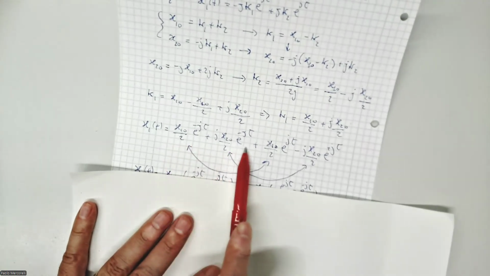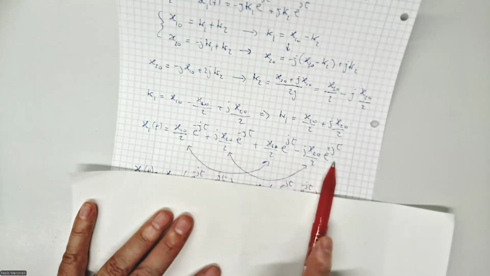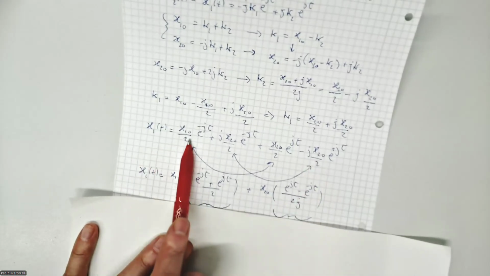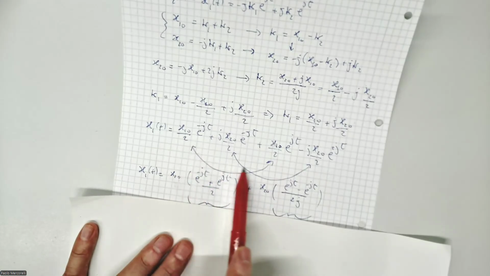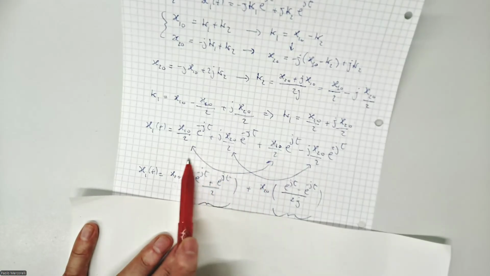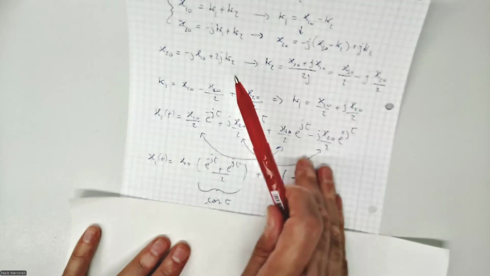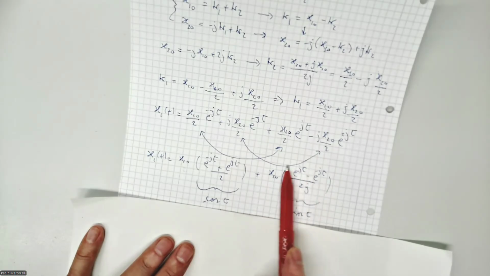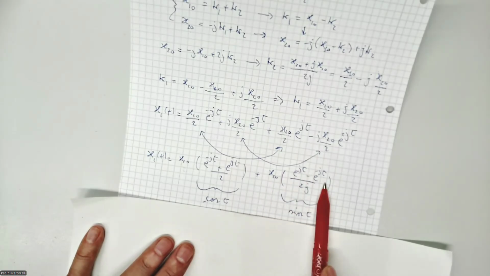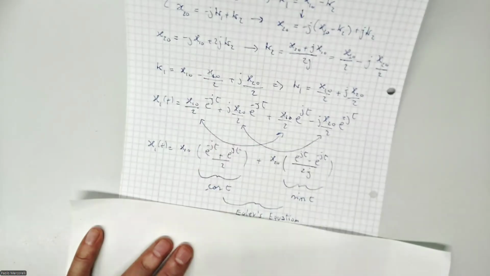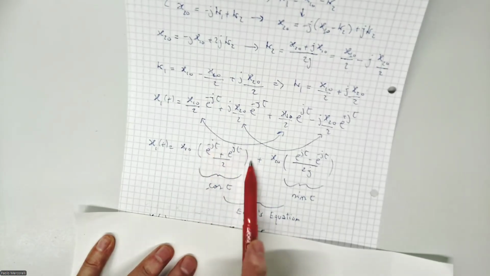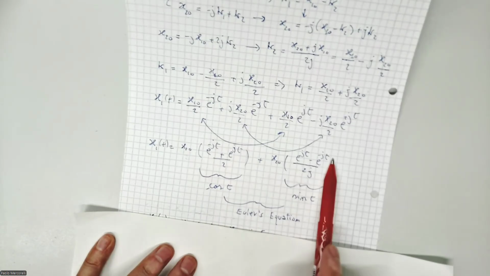You can see here, after these boring calculations, this and this can be written in this form. And then, I don't know if you remember, at that time I considered the Euler equation, where this expression was cosine of t, and this expression was sine of t.